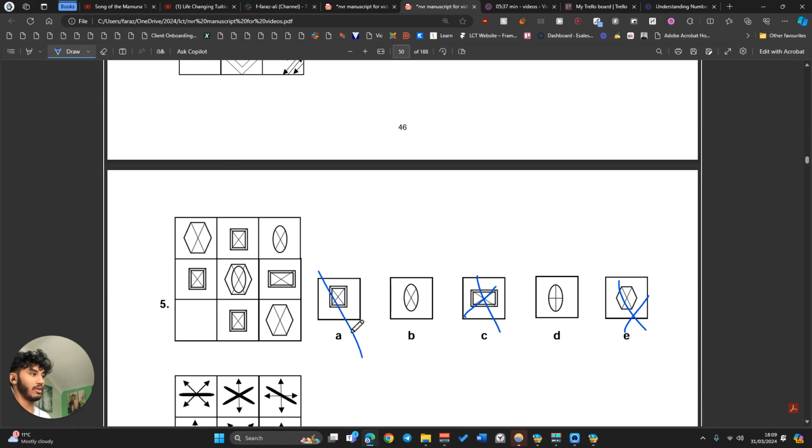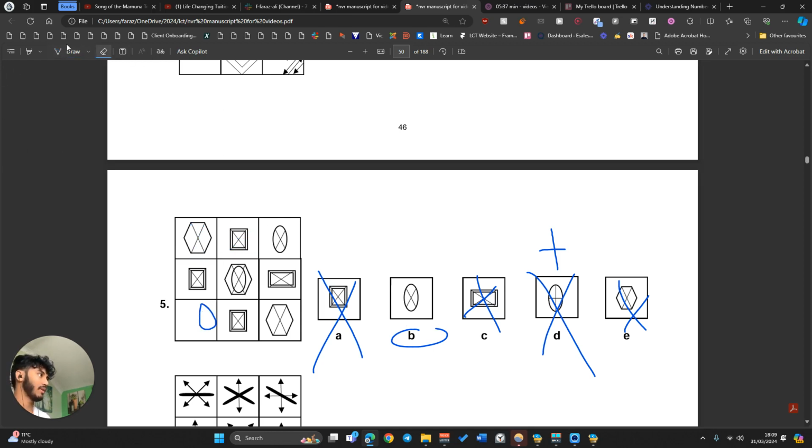The only thing here is all of these boxes, all of them have an X. They always have an X. None of them have a plus like this one. So that's just immediately going to let me cross out D and have B as the answer.